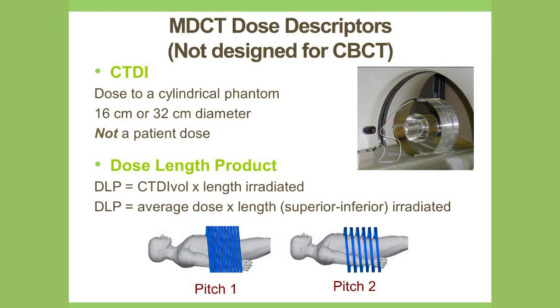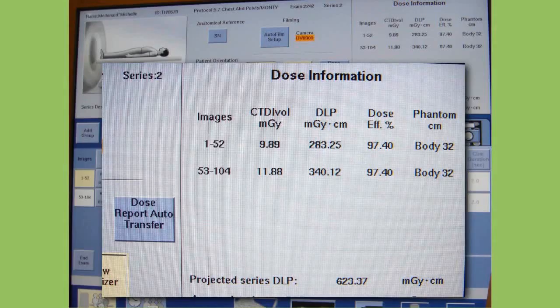If I have a high pitch number in a helical system, the DLP is lower because it's not as densely radiating. If the pitch is 1 or less, which would mean that all the slices touch or overlap, then the dose length product is higher. So you may see a report like this on your CT dose page.